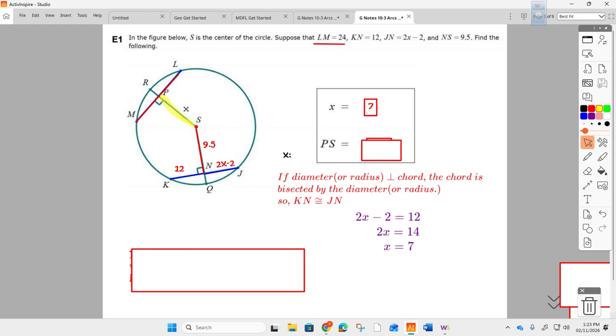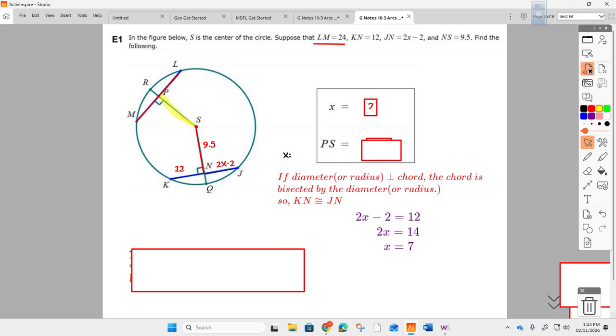Charlene says 9.5, I'll tell you Charlene's right. How do we know it's 9.5, Charlene? How do we know they're congruent? No, remember you can't go by how something looks, right?